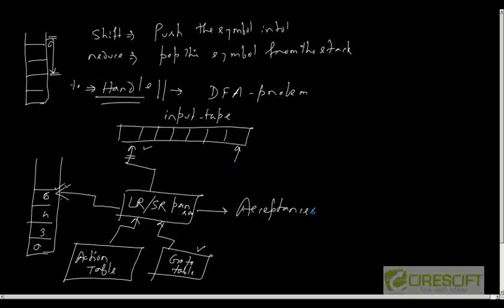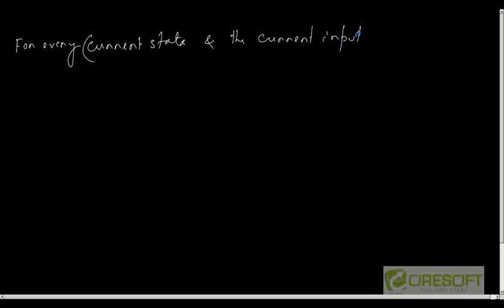Now let us see in more detail what this action table contains. For every current state and the current input symbol, I can make a certain action.